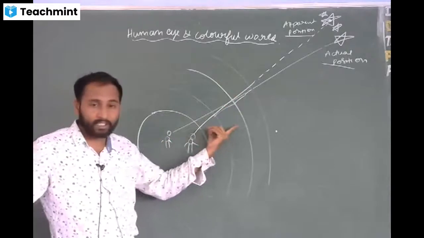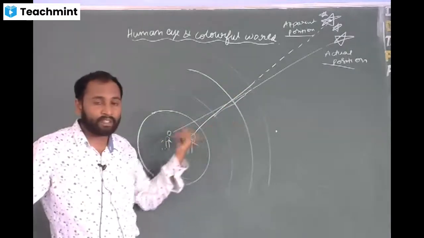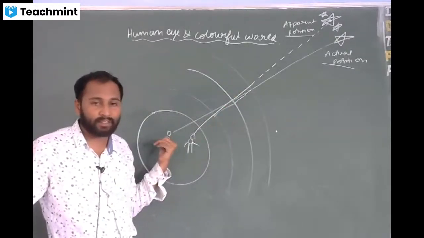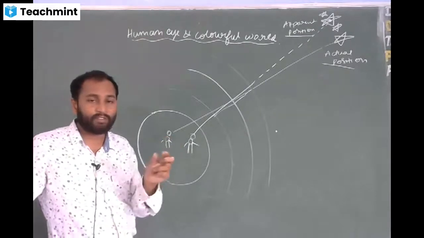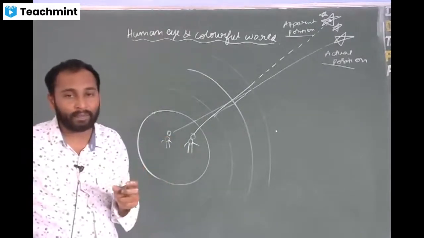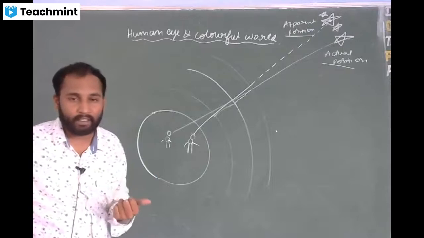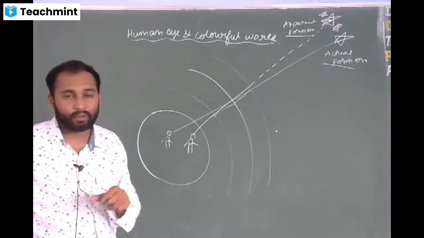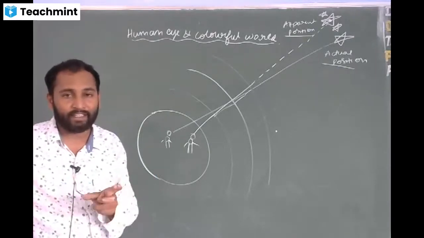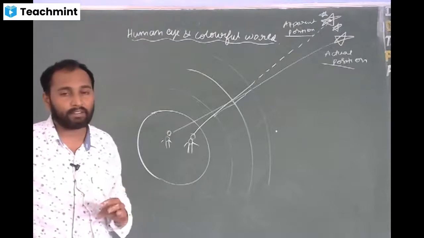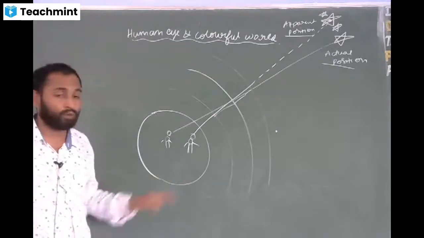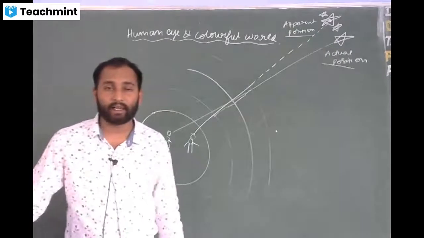Due to the gradually changing refractive index, we see this point-sized source as flickering. This flickering causes the star to appear brighter and fainter, and that causes the twinkling effect. This is how we say the stars twinkle.